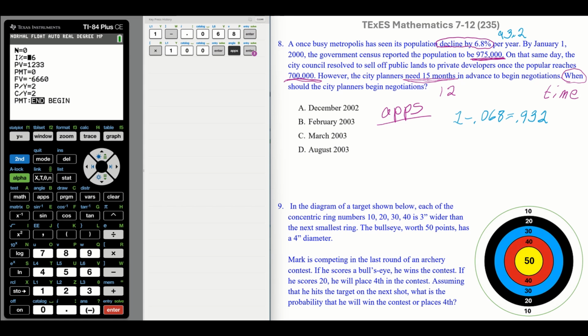And what do we need? We need 93.2 for our interest. That'll show our decline. Push enter. Now, our present value and future value are given to us. Remember, one of those must have a negative in front of it for the application to work correctly. So push negative. I'm going to do it right now so I don't forget. 975, and 3 zeros.